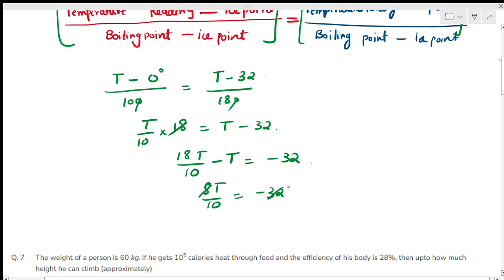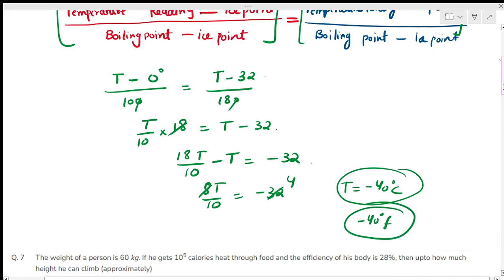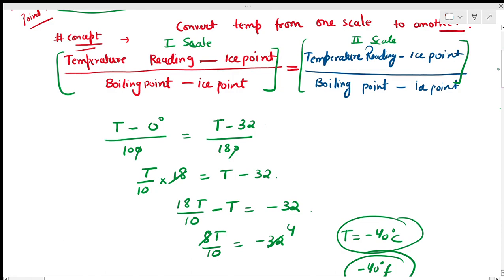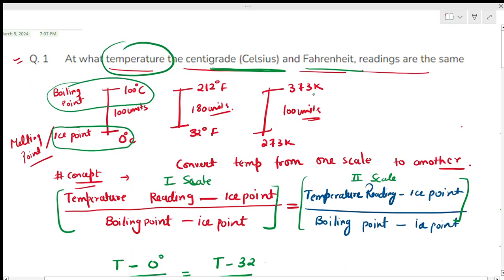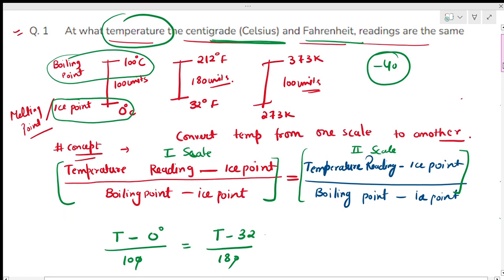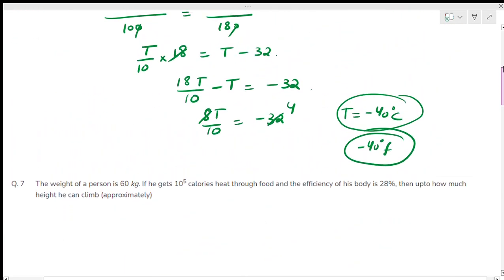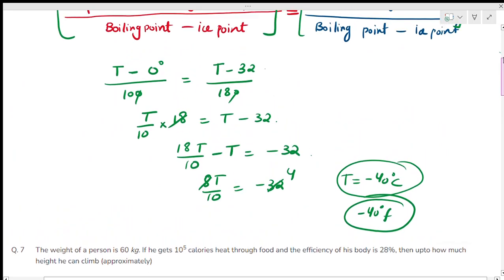So T comes out to be minus 40. It can be degree centigrade, it can be Fahrenheit. You got the point. So what will be the answer? At minus 40 both values will be the same. Got it? You got it, right? Minus 40.